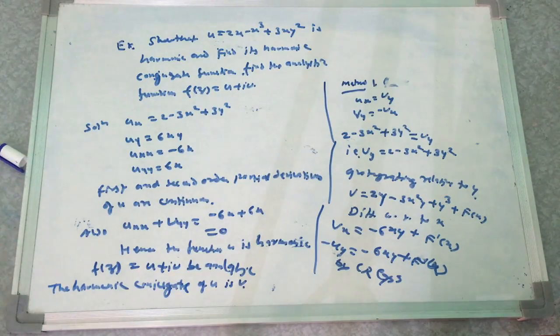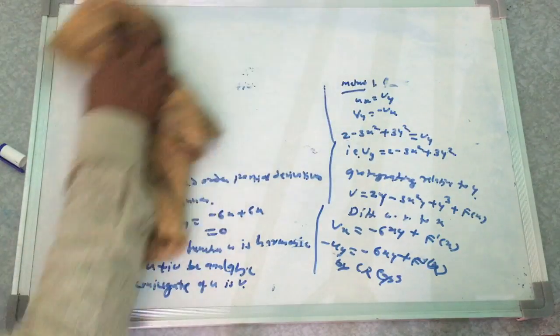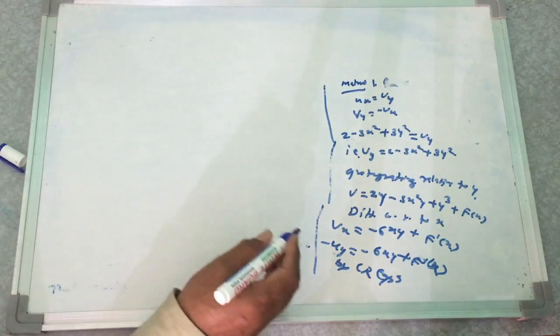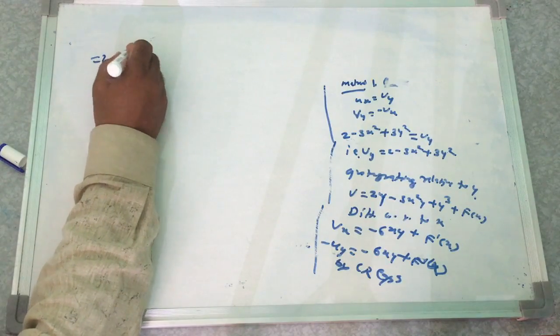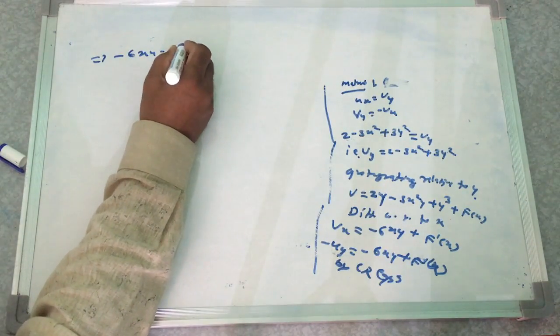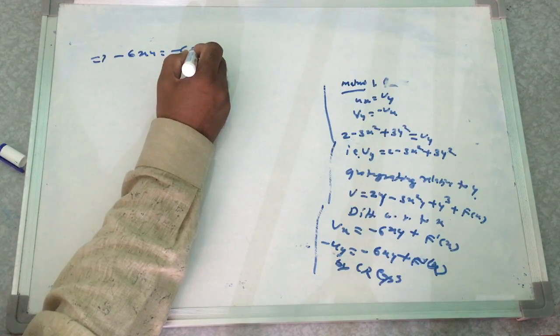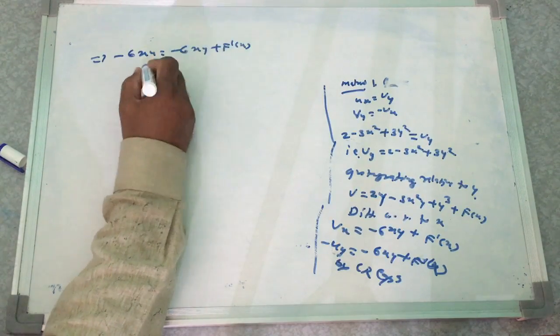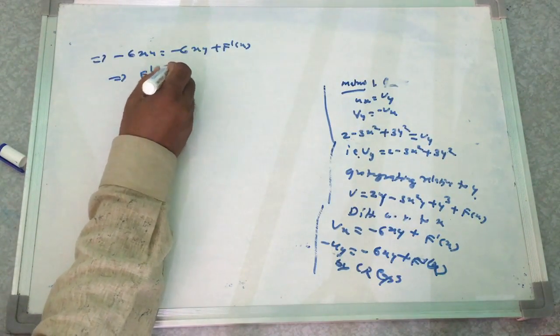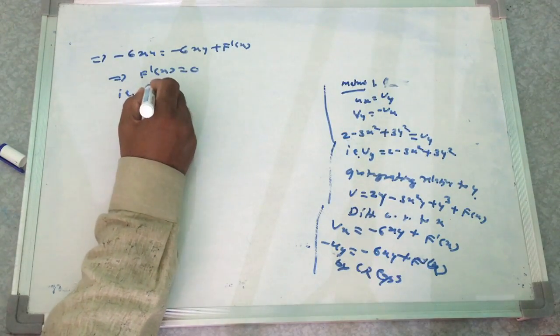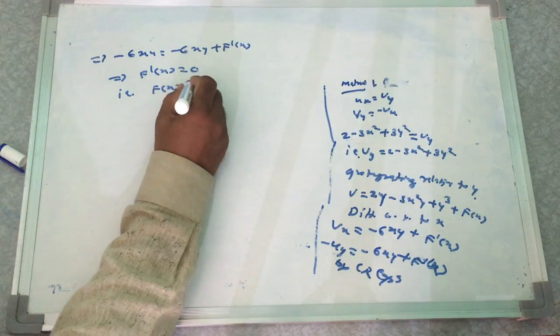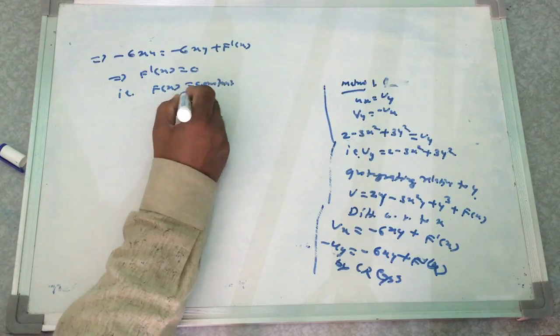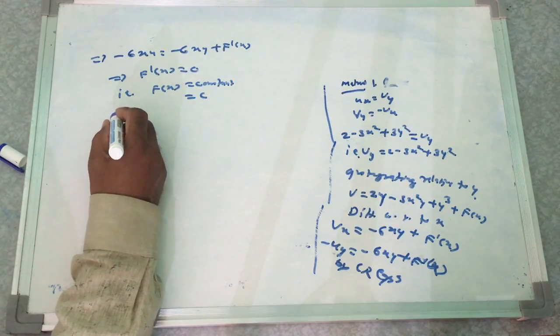So minus 6xy is equal to minus 6xy plus f dash of x. F dash is equal to 0, that is f of x is equal to constant, is equal to c.